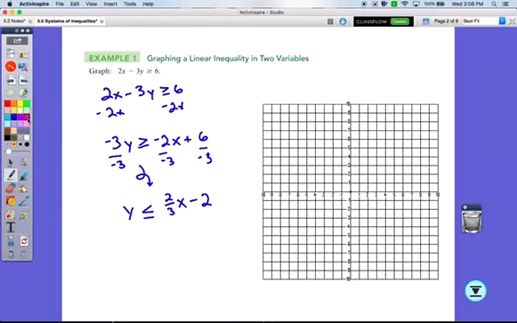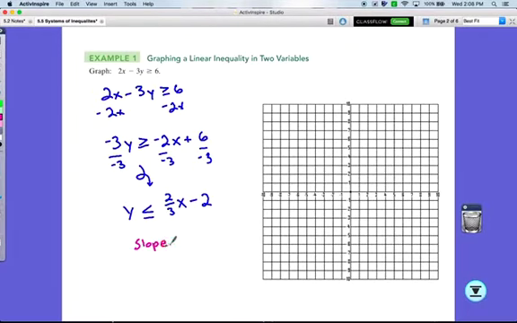If we remember from graphing lines, we now know our slope is 2/3 and our y-intercept is negative 2. So we put a point at negative 2 on the y-axis, and we go up 2 over 3.